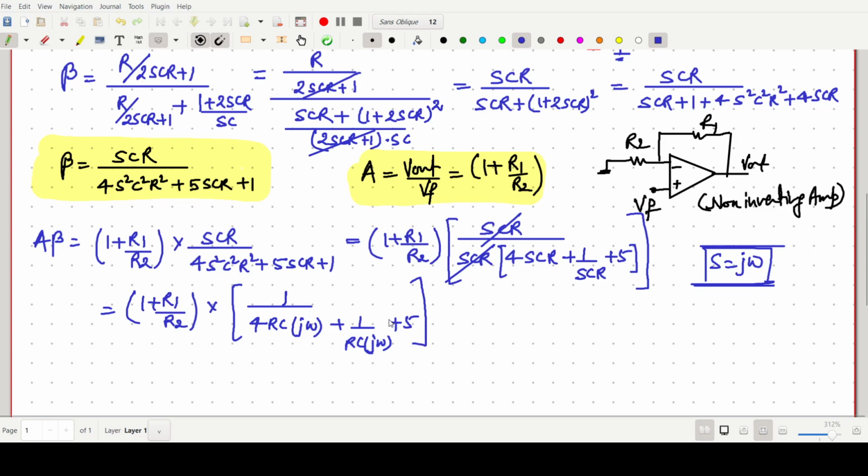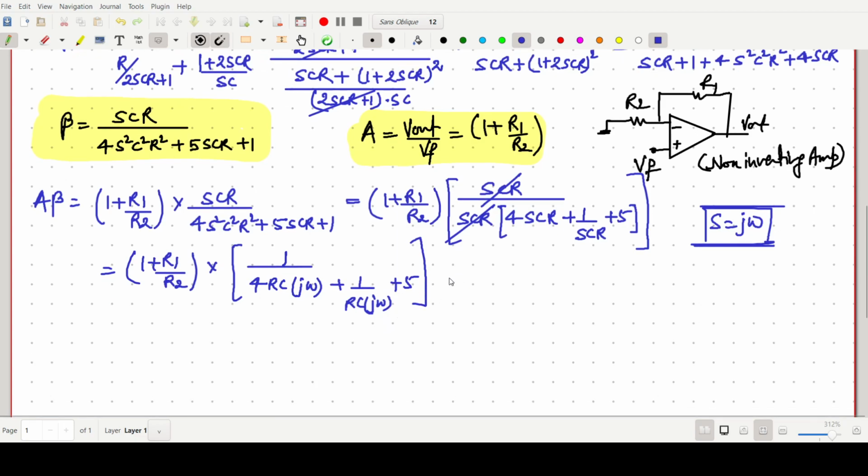Now here I am writing 1 plus R1 by R2 into 1 divided by, we can write this as j omega 4 RC. Then we can multiply by j, so one can write j by j square omega RC plus 5.